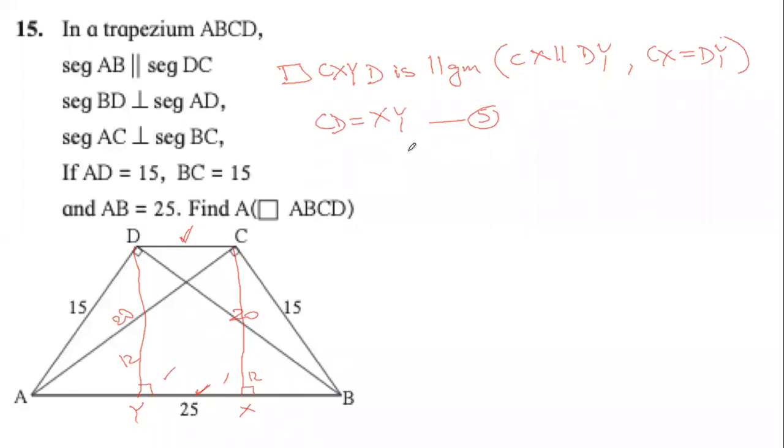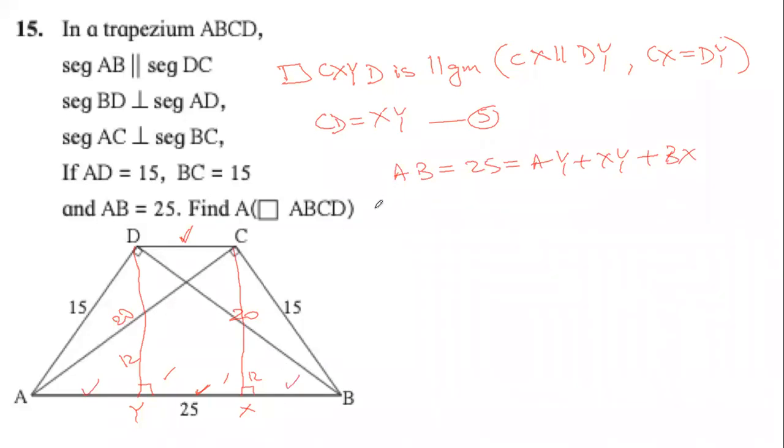Now it is easy. AB here at the bottom is equal to 25, which is broken down into AY plus XY plus BX. Now, if we can find AY and BX, we can find the remaining XY.